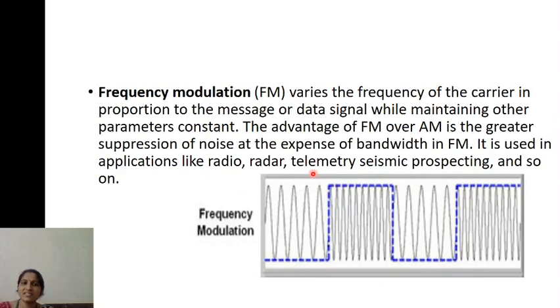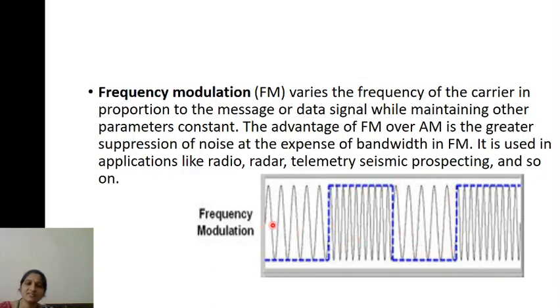Likewise, if you consider frequency modulation, in this frequency modulation also you will have the modulating signal and the carrier signal. The carrier signal is a sine wave and the modulating signal is the information signal. If you apply frequency modulation, you will get the final signal like this. You can observe you are using a sine wave here.